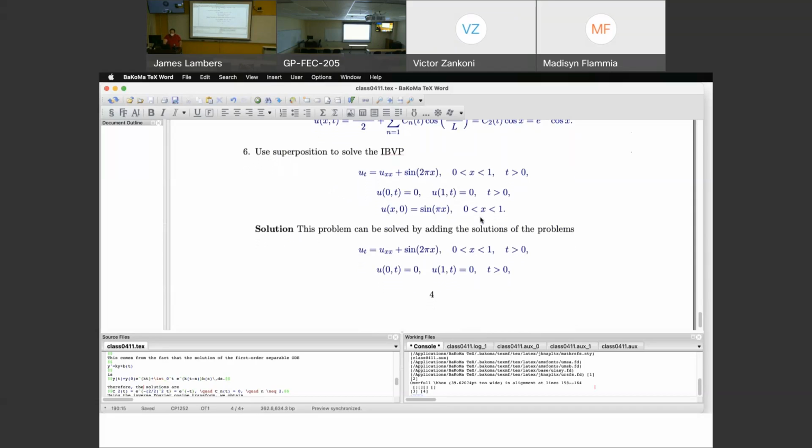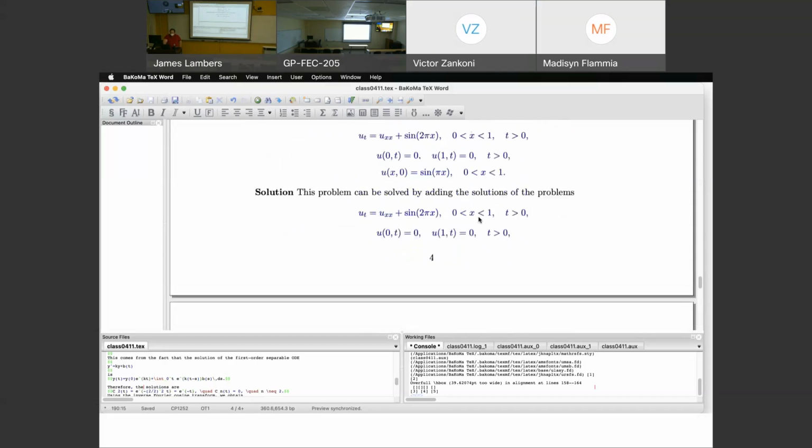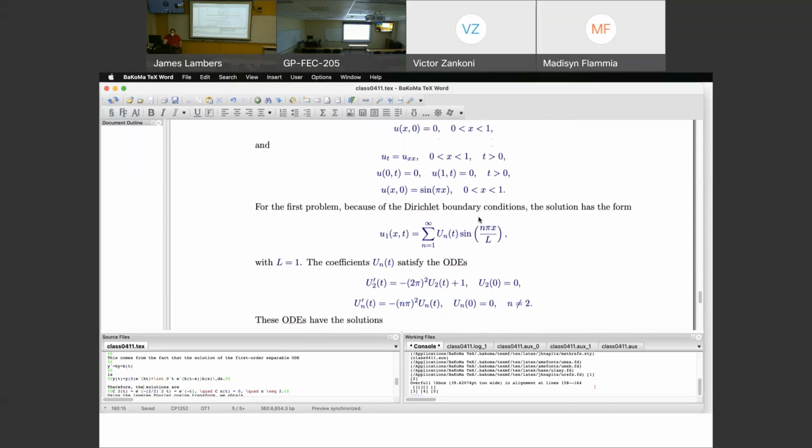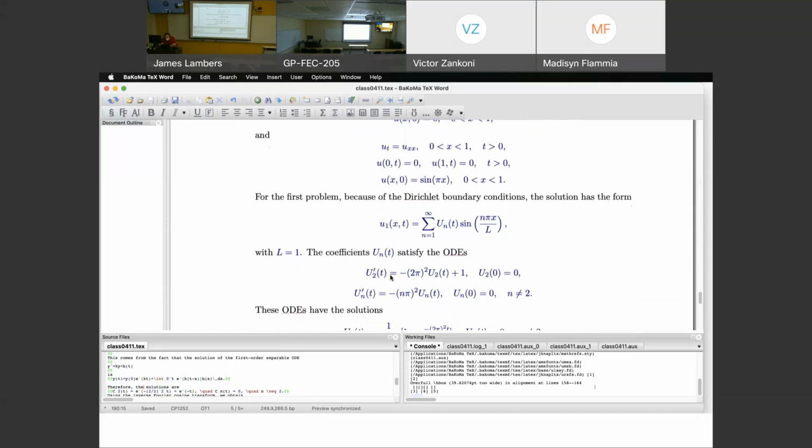What ends up happening is when you separate them like that, and you're using a finite Fourier transform, or whatever approach you prefer to solve the individual problems, when you get these ODEs, you may have a non-zero source term, or you may have a non-zero initial value, but not both. So that way the solution of each ODE is simplified a little bit.